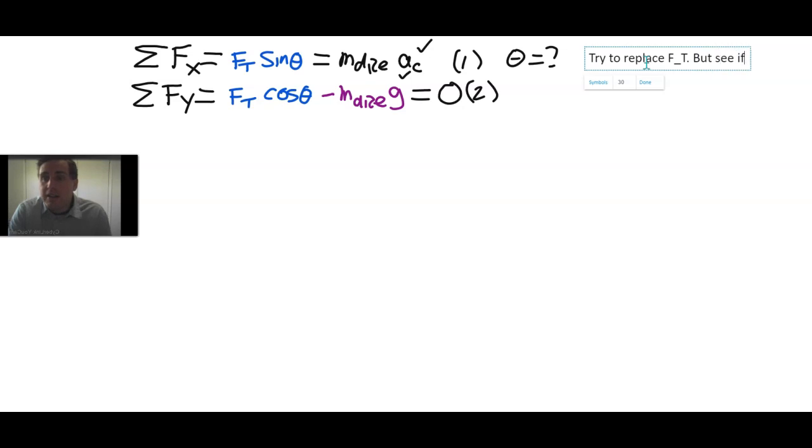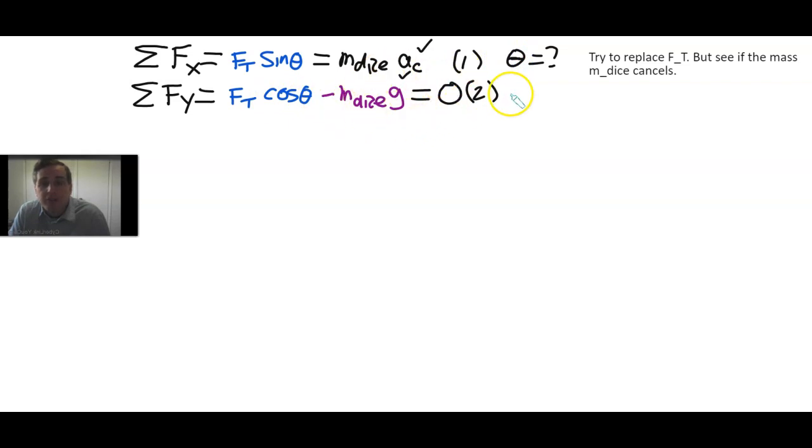But see if the mass m dice cancels. Hopefully you recall, in many Newton's law problems and in many conservation of energy problems, the mass does cancel. So let's see if we can get that to occur.